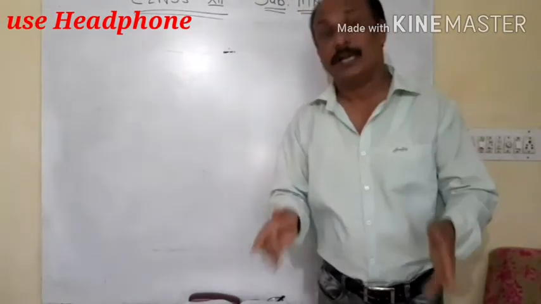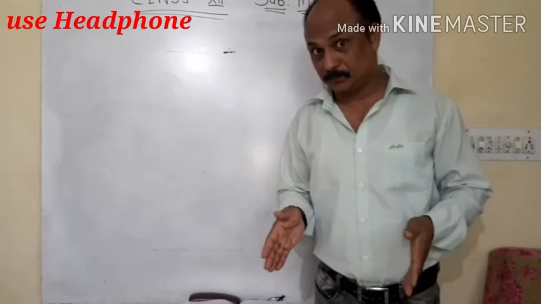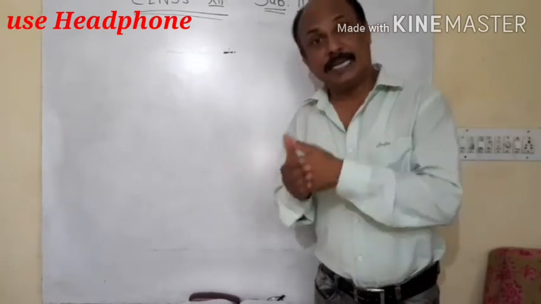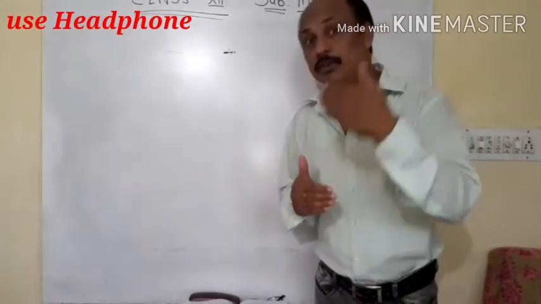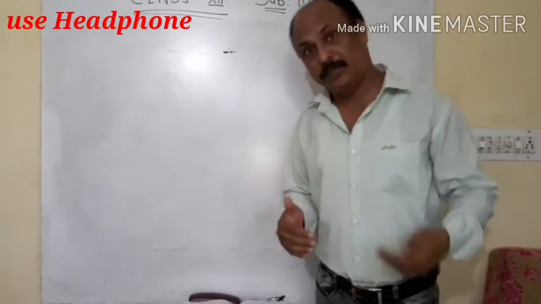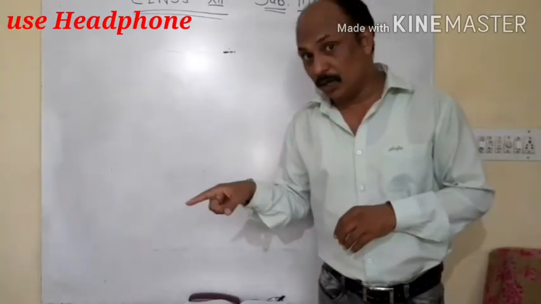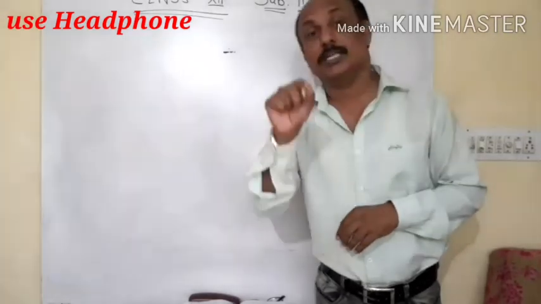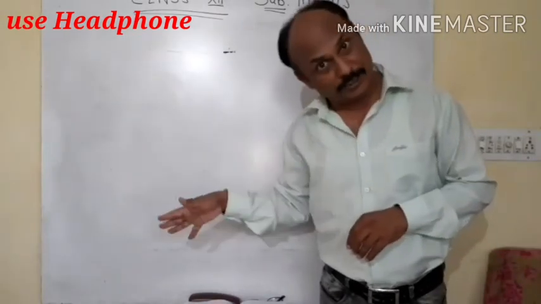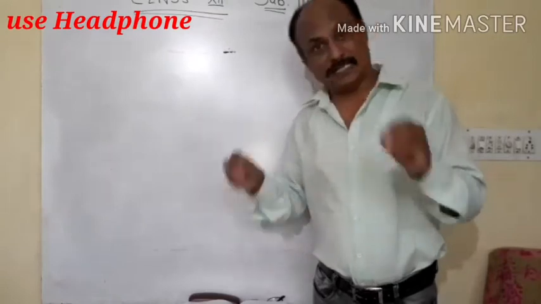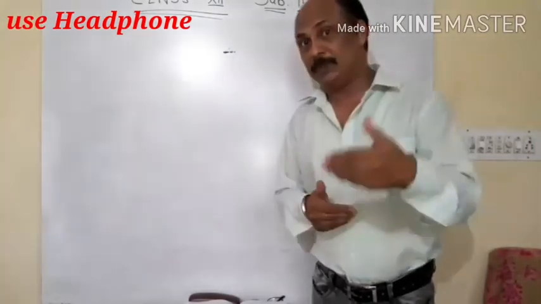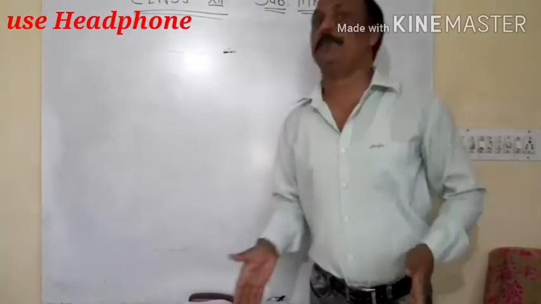In today's class, if a function is given as continuous at a given point, then we find the value of the arbitrary constants which are given in the function. I am taking some examples for explanation of this topic.